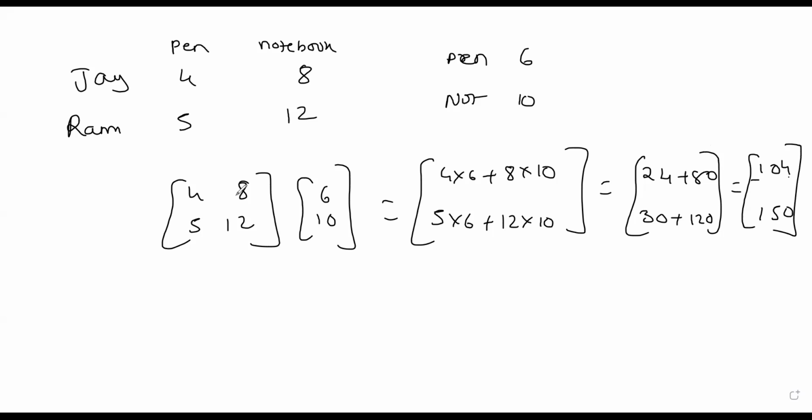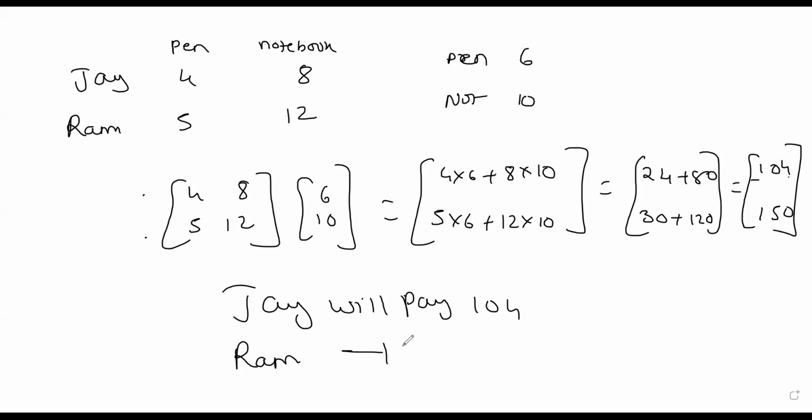This much Jay will pay because this was Jay and this was Ram's. This is the price. So Jay will pay 104 rupees and Ram will pay 150 rupees.